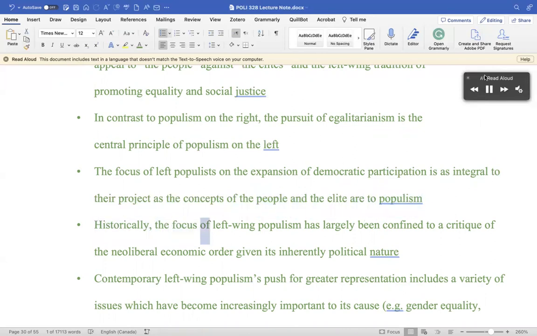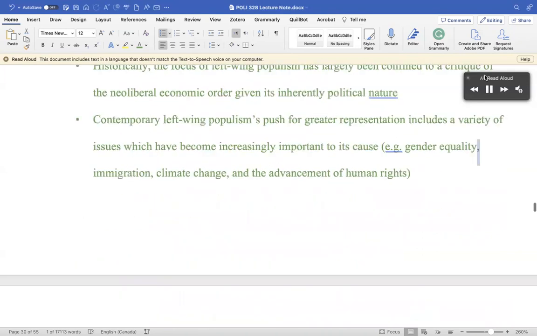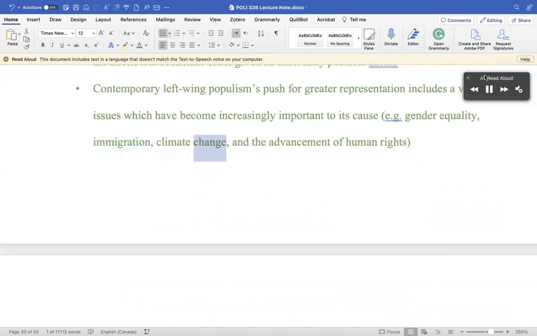Historically, the focus of left-wing populism has largely been confined to a critique of the neoliberal economic order, given its inherently political nature. Contemporary left-wing populism's push for greater representation includes a variety of issues which have become increasingly important to its cause, e.g. gender equality, immigration, climate change, and the advancement of human rights.